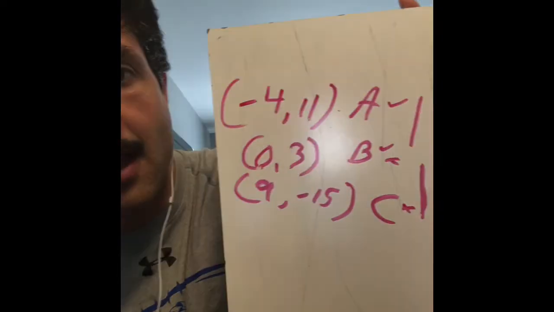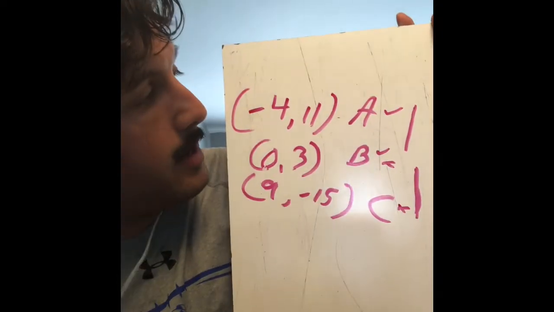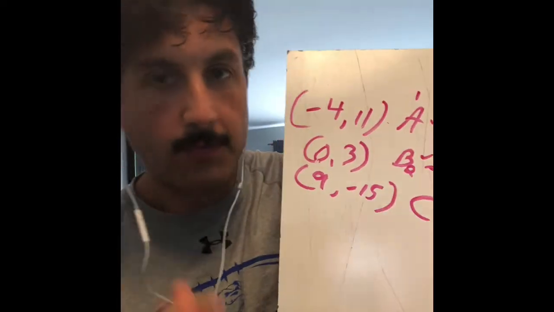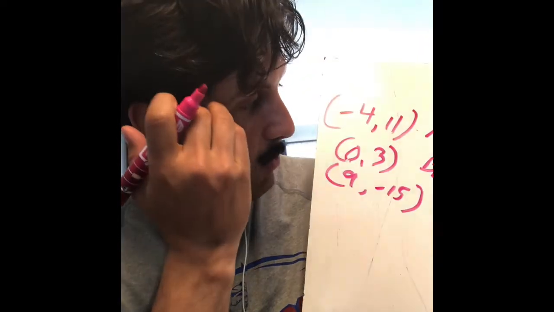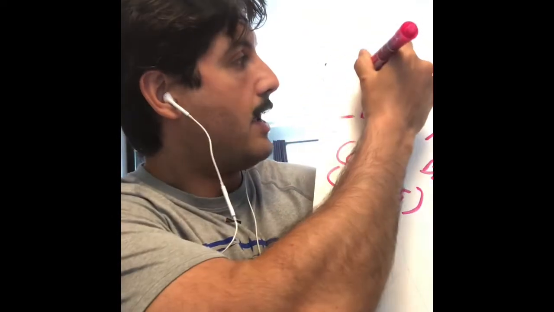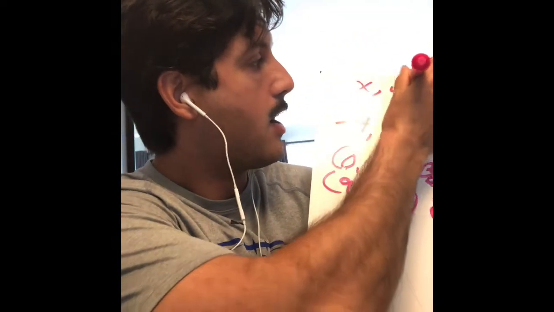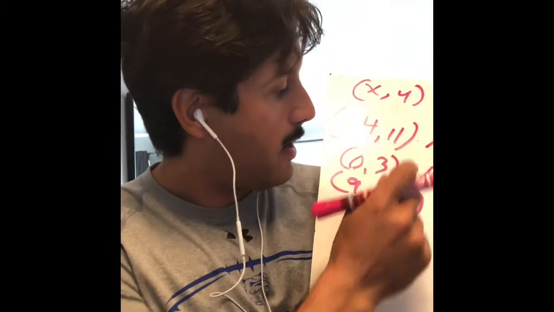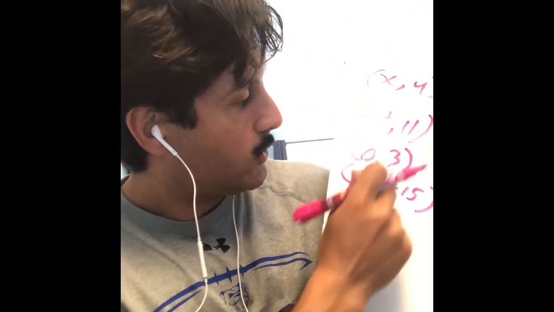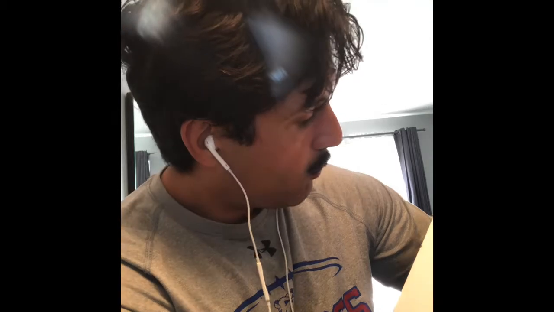So again, I have A and B. Let's just call A point 1 and B point 2, just for argument's sake. There's always x and then y. So for B, point 2, y2 is 3. Y1 is 11.